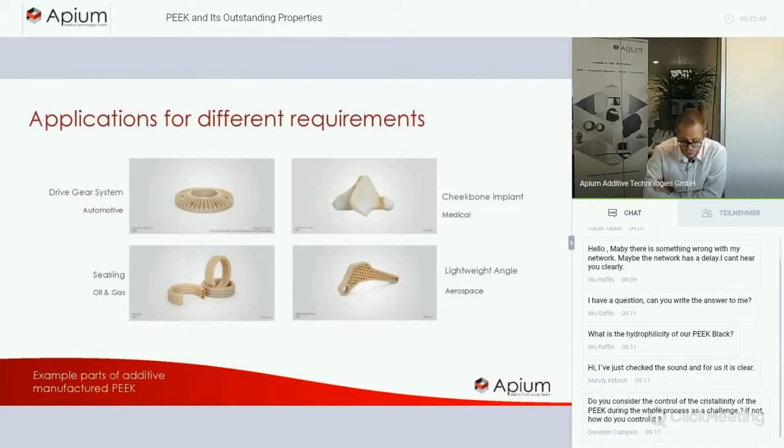When we think of exposure to crude oil or harsh environments, then this material is very well suited. We can also have lightweight applications like the lightweight angle and a cheekbone implant, as we see on the top right. So the medical sector is something we are focusing on, and we want to go there very soon because we see the highest demand for mass customization products there.